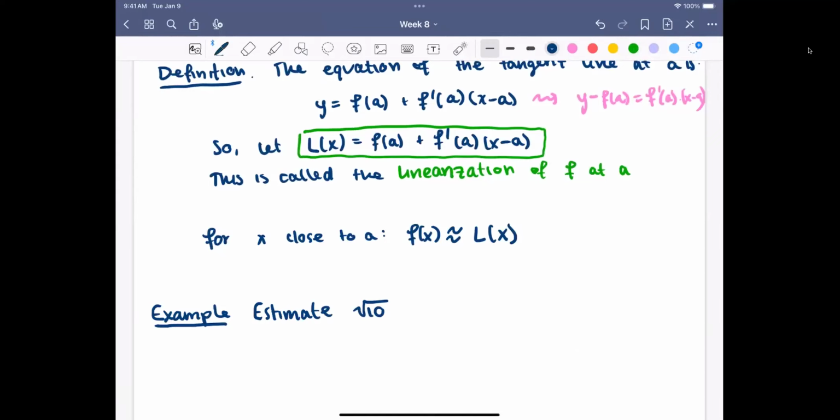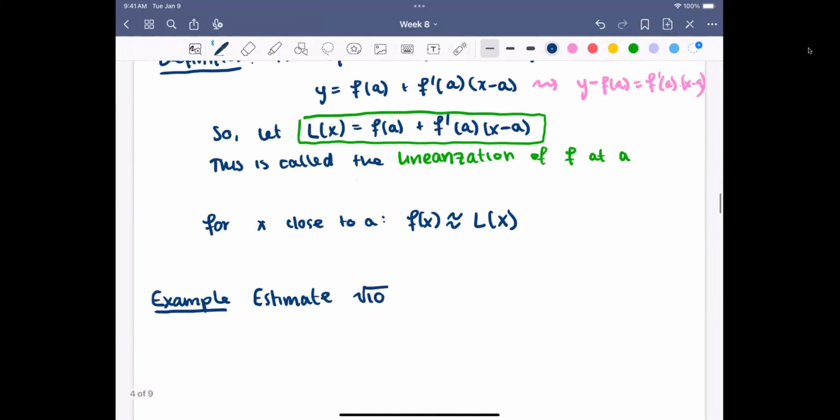So what do we need? We need a value that's close to 10 where we know what the square root is. So what should we take for a? Yeah, 9, because we know what the square root of 9 is. So we'll take a to be 9, since we know that the square root of 9 is equal to 3.